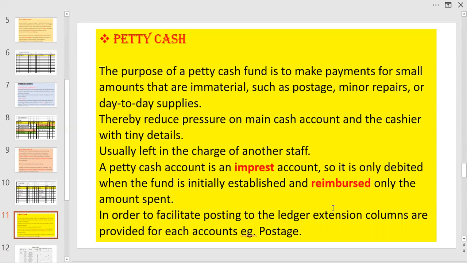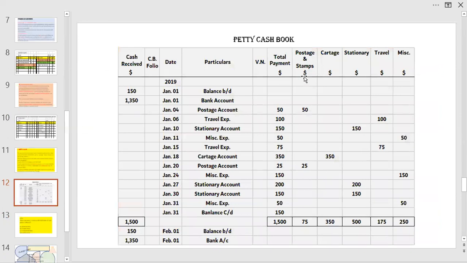Petty cash book is usually designed in such a way that there will be many columns where each payment will be extended to a respective expenditure column, such as postage. As you note in the slide given here, the imprest amount is 1,500. On 1st January, only 1,350 have been paid because there is already a balance of 150. So every time, only the amount equivalent to the exact spending will be reimbursed.